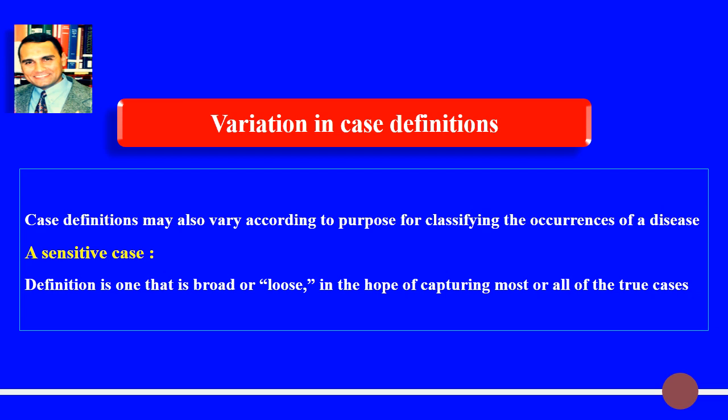The epidemiological study will prefer a specific or strict case definition. For instance, in an outbreak of foot and mouth disease in the case of animals, or Salmonella agona infection in the case of humans.